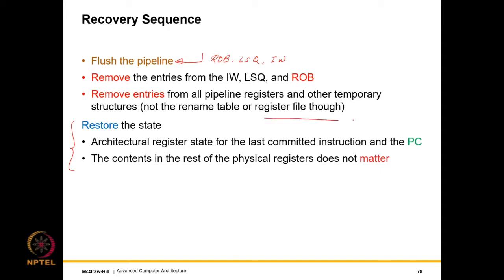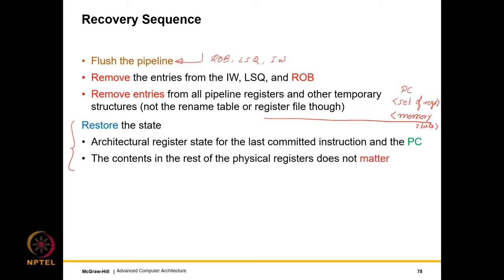Before this, I would like to make an important point. What exactly was our architectural state? It was the program counter and the set of architectural registers, which here only exist in principle. Then we had the memory state. Since we send stores to the memory system only when they commit, the memory state is correct.